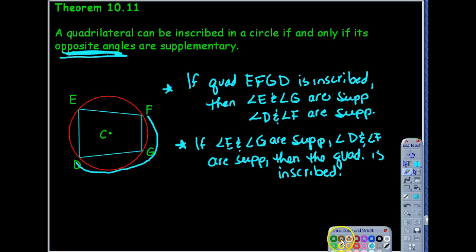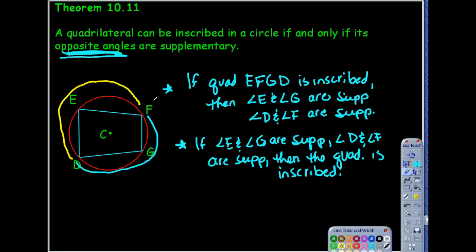And angle G is intercepting arc DEF. Those two arcs together form the whole circle. We know that the inscribed angles are only half of the measure of the intercepted arc. But when I'm taking half of the sum of two things that add up to 360 degrees, then it's going to leave us with just 180 degrees.